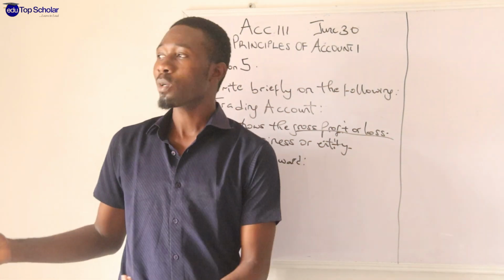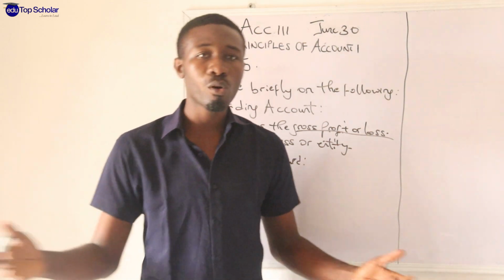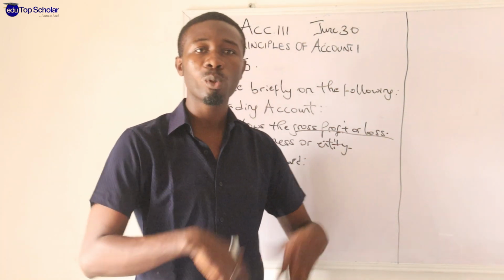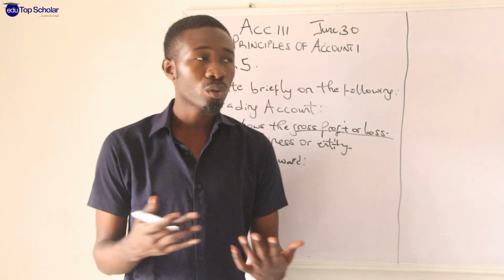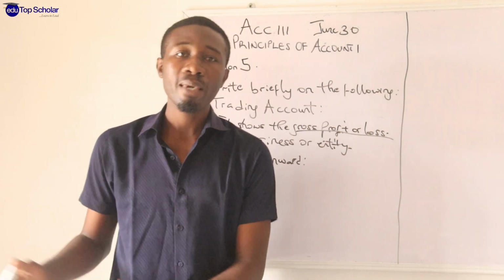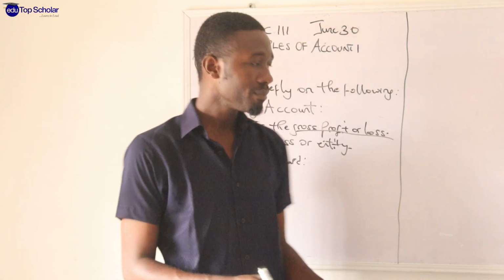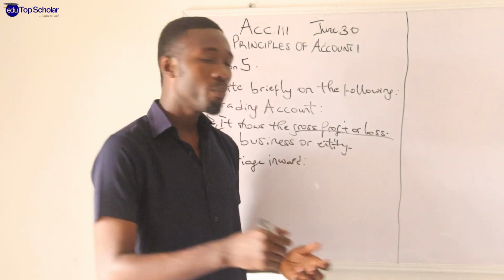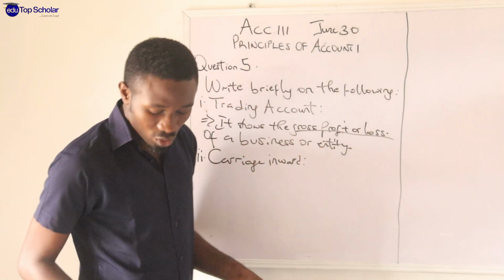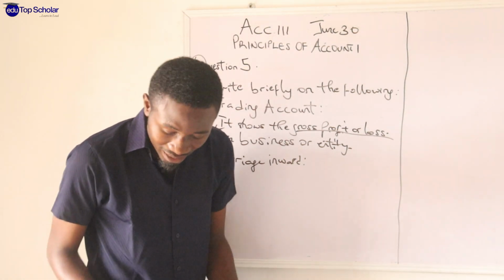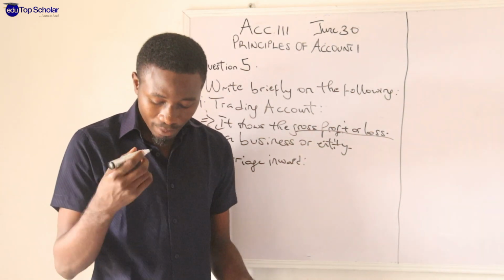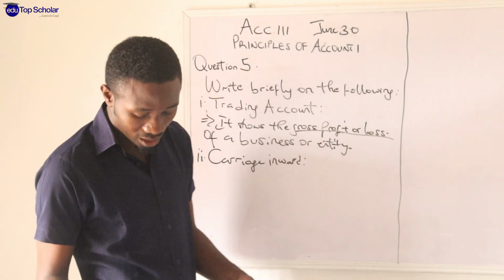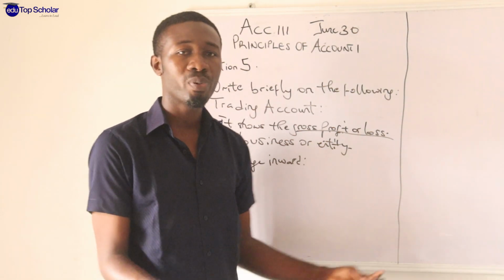You make tires and you need rubber. The cost of shipping in rubber for production will be carriage inward. So it can simply be referred to as the transportation cost incurred by a business to bring purchased goods or raw materials to the business or to the premises.